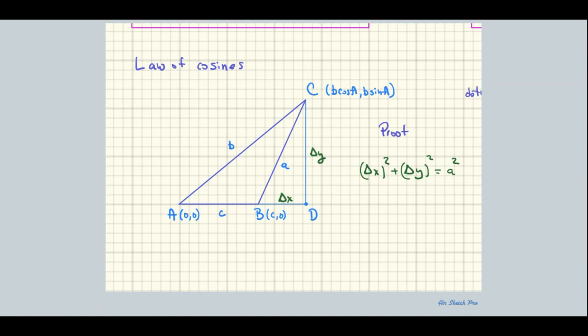Now, let's calculate what the change in x is. For this, I need the coordinates of D. Okay, so what's the x coordinate of D? Anybody?